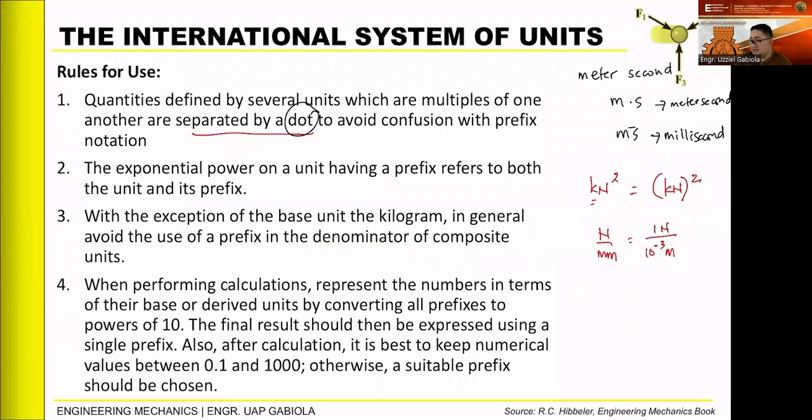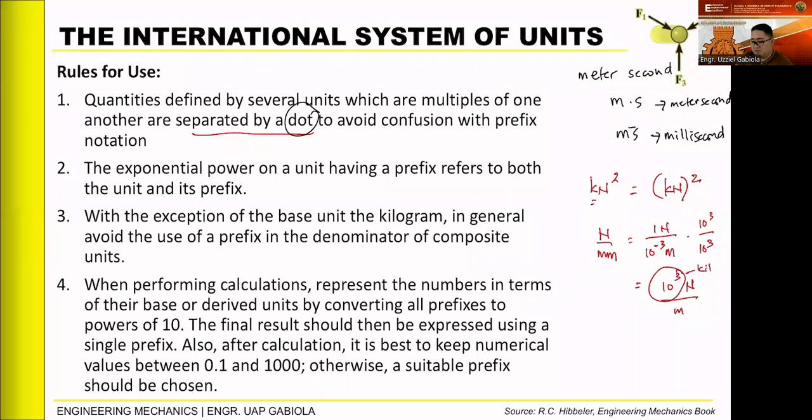So, to change that, pwede natin gawin is to multiply natin ng 1,000 sa numerator at denominator. Mangyayari sa kanya is 10 cube Newton all over meter, no? Ano ba si 10 cube? Again, sa prefix natin, siya ay equivalent sa kilo.